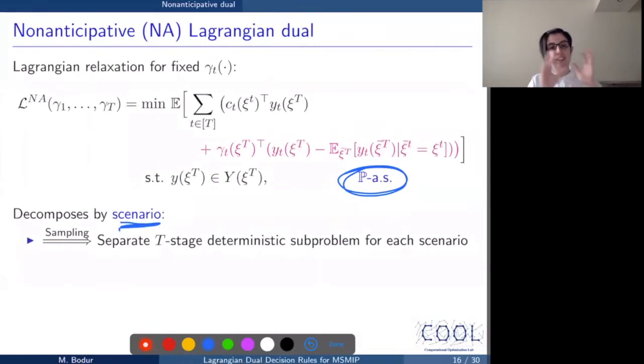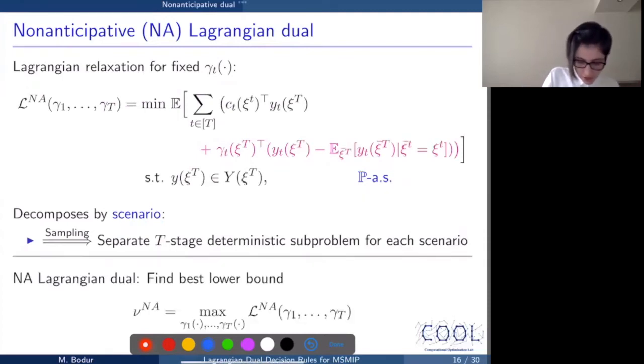So in that case, for a given set of Lagrangian dual multiplier policies, I can still solve this by means of decomposition efficiently, but now every one of my subproblems will be a T-stage deterministic subproblem for each scenario. So you can still solve this relaxation pretty efficiently.